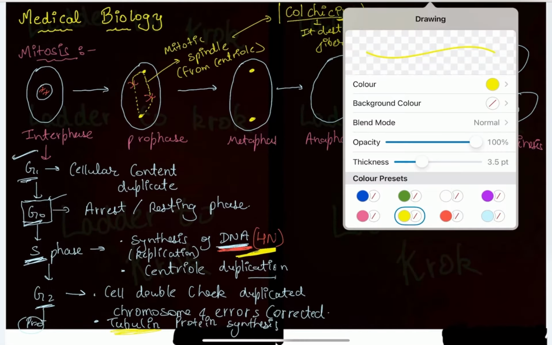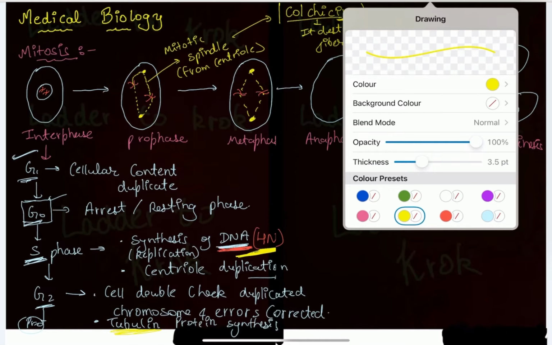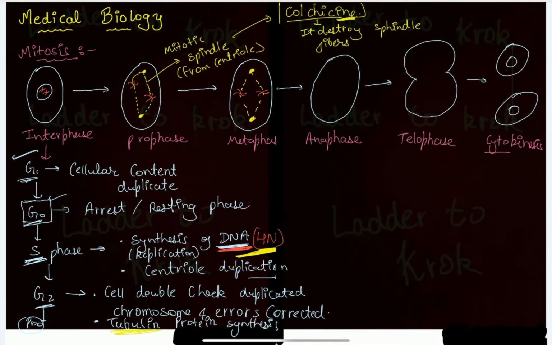Actually in metaphase, the mitotic spindle or spindle fibers start to pull the chromosomes toward themselves. When they start to pull, there is one stage that arises in which these chromosomes come to the center, and that is known as the equatorial plate.